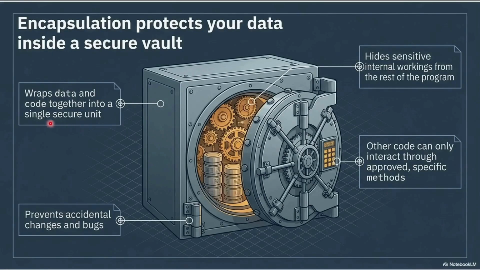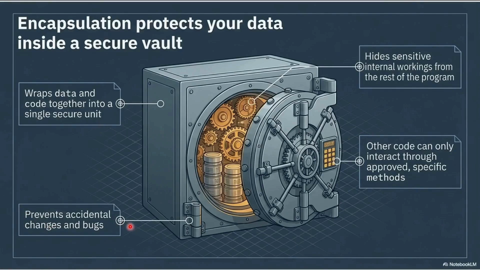It wraps data and code together into a single secure unit, so your data is always protected. When we refer to data, maybe we are referring to the object variables. As I said, a few things you will not understand right away. As we move forward in the tutorial, you will get it.